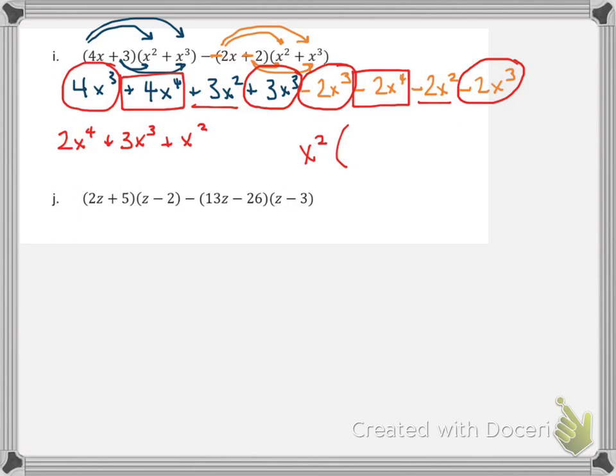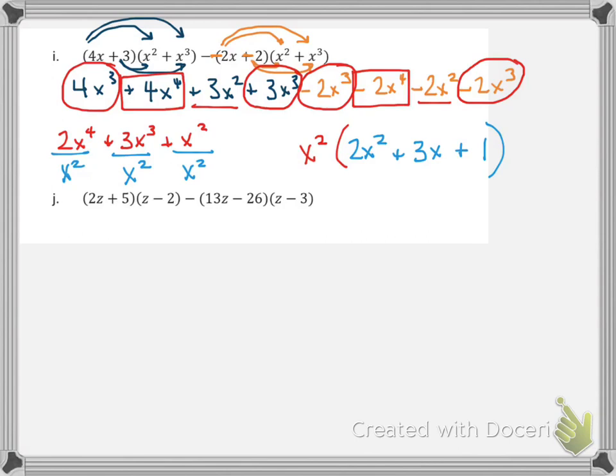Divide the first term by x squared, and I get 2x squared. Divide the second term by x squared, and we get positive 3x. And divide the last term by x squared, and x squared divided by x squared is 1. So there we are, factored.